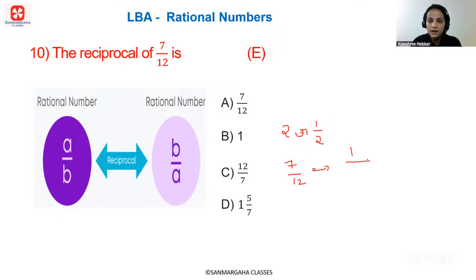So 1 divided by the given number, 7 by 12, will be 12 divided by 7. So the reciprocal of 7 by 12 is 12 by 7. The correct answer is option C, that is 12 divided by 7.